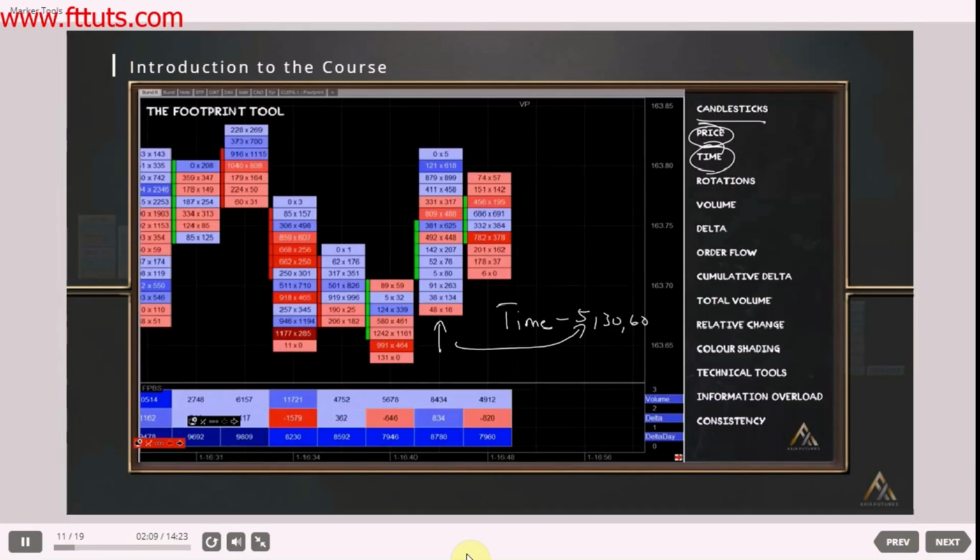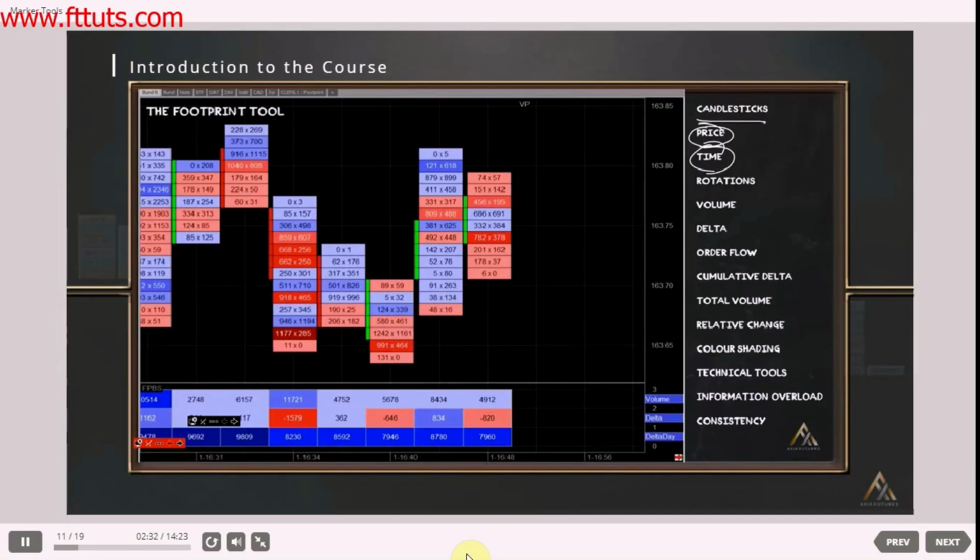For those of you that are more swing type or longer term traders, you can even create the footprint utilizing daily footprints. What professional traders do look at is a daily footprint so that we can determine what the net positioning is, what the net delta is at the end of each session.